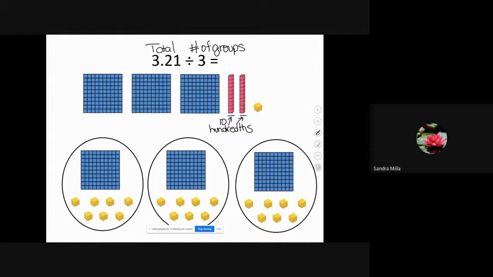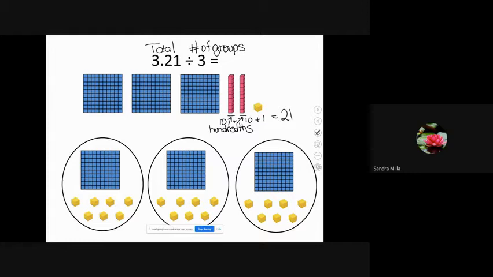When I combine them, so we have 10 plus another 10 plus my 1 that I have here, I end up with 21 hundredths. So with my 21 hundredths, I'm able to go ahead and separate those 21 hundredths into 3 different groups by placing 7 hundredths in each group.